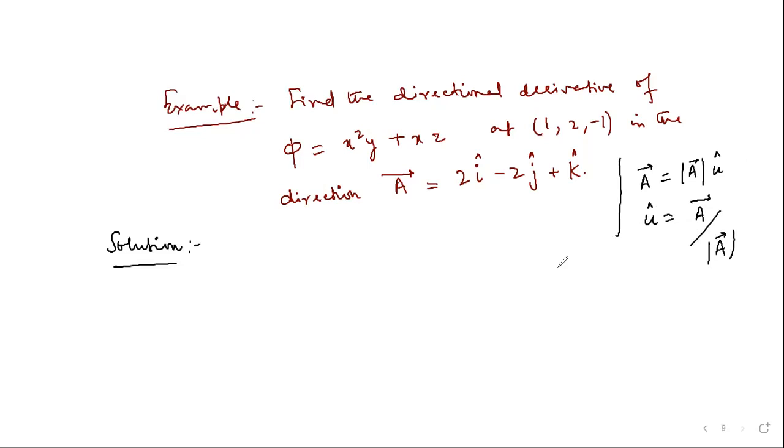So if you are given a vector and have to find the unit vector in its direction, you have to divide that vector by its magnitude.